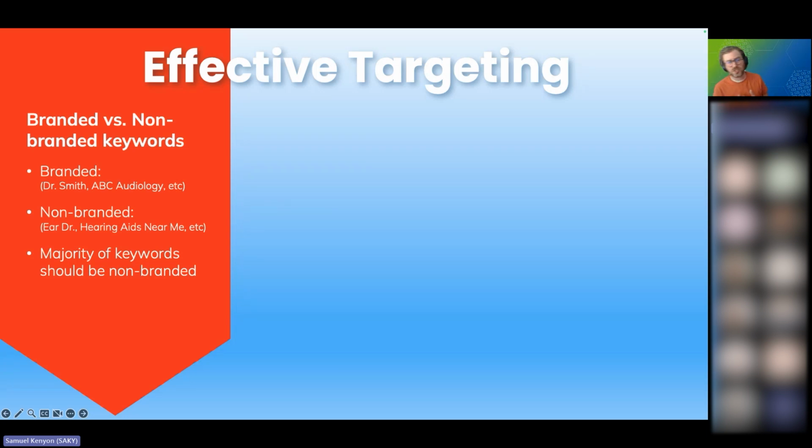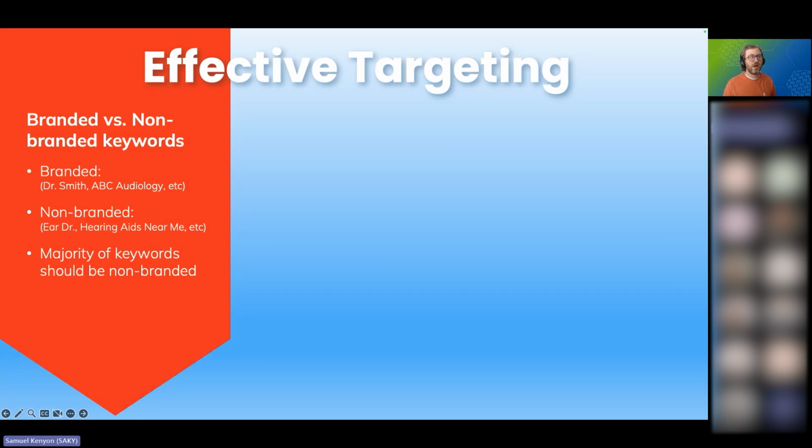Those types of keywords, you'd rather rank organically for more often than have your ads pop up, because you're not paying for the organic listing, you're paying for the ad. And they're much easier for your practice to rank for because your content is filled with stuff about your own practice. So Google knows to show your practice.